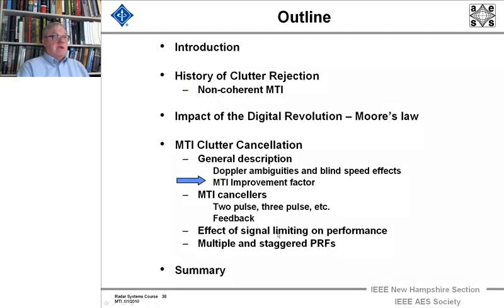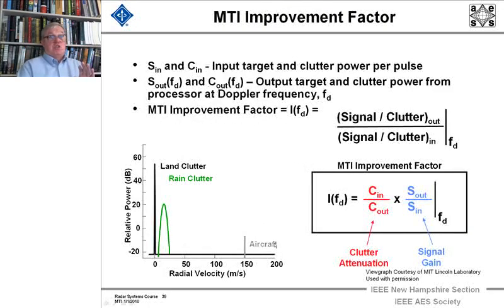Now on to the MTI improvement factor. This is a very, very important definition. It's one of those things that people who work with radars that see into the ground clutter need to put in their heads and think about and get. This is the way we measure, in the world of Doppler radars, how well we can see targets in clutter.